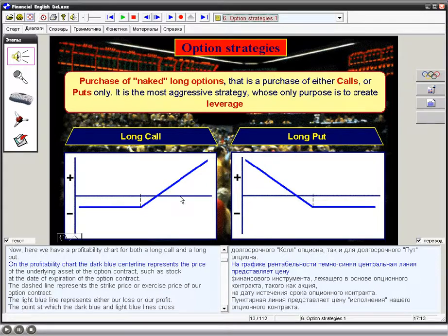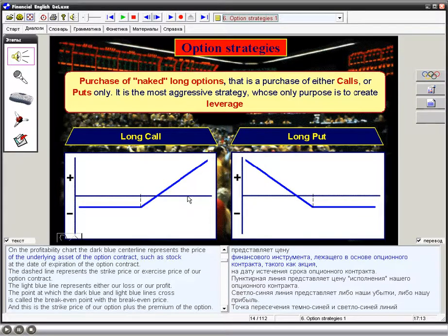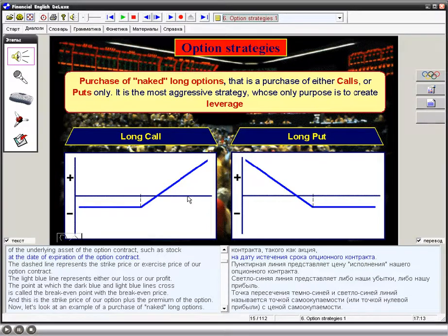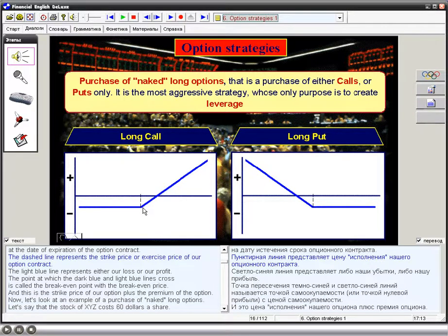On the profitability chart, the dark blue center line represents the price of the underlying asset of the option contract, such as stock, at the date of expiration of the option contract. The dashed line represents the strike price or exercise price of our option contract.